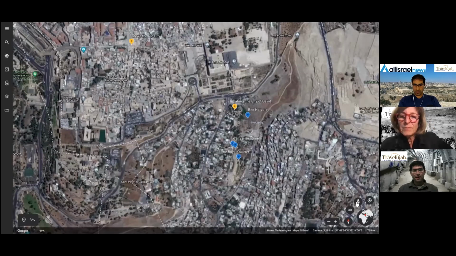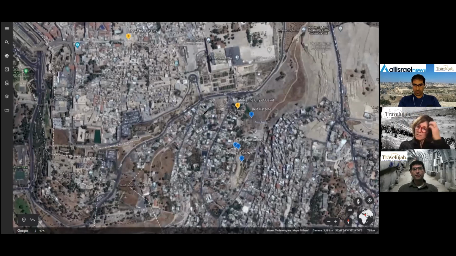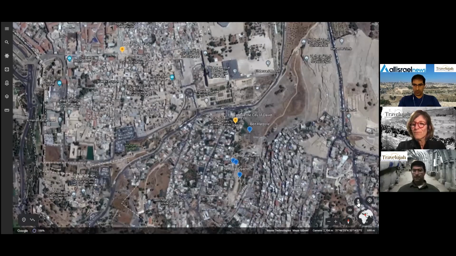As a student, I worked in the excavation there, in February 2003, so 18 years ago. And that's exactly the area right now in the center of the screen. So that excavation has been continuing for, as you understand, 18 years already, and more is being discovered. These are the two main sites in the City of David excavations happening today.